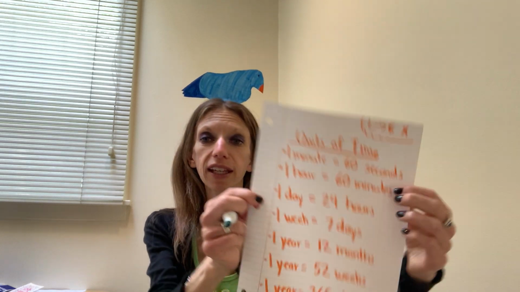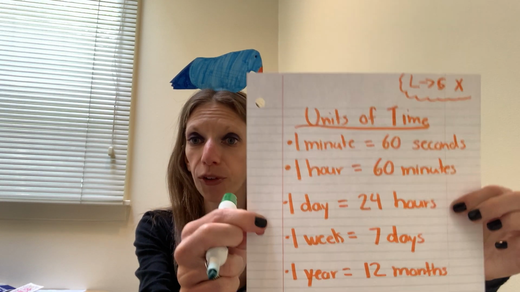So suppose I have 8 days. I want to know how many hours is that? Okay, so 8 days, how many hours? Well, 1 day equals 24 hours, so that means we have to do 24 times 8.